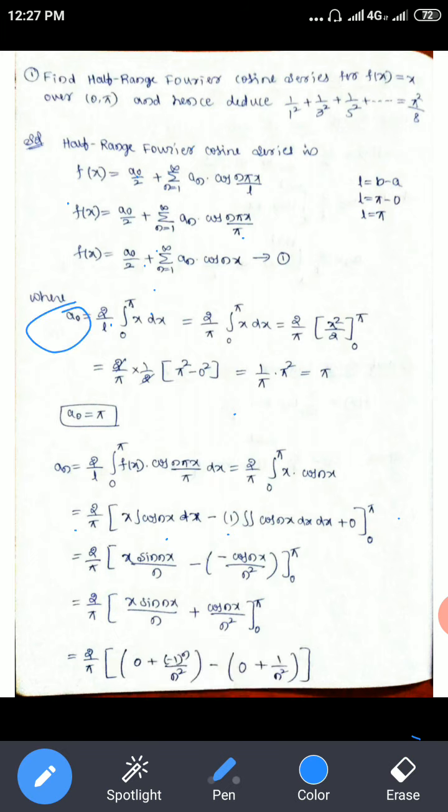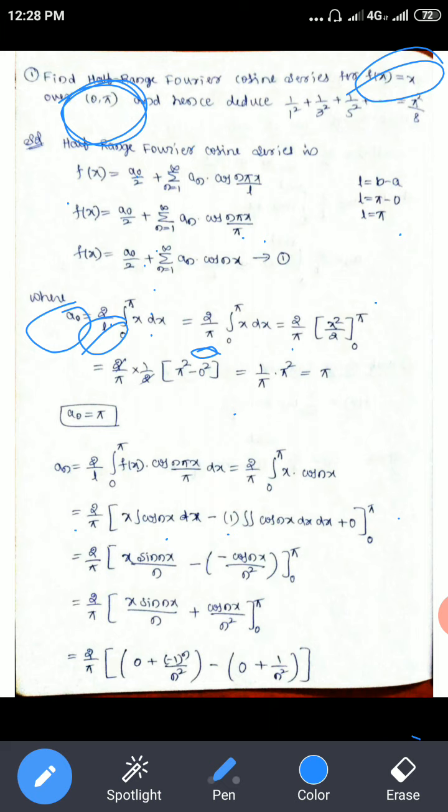a naught is equal to 2 by l, total interval is 0 to pi, integral 0 to pi f of x, f of x is x dx. 2 by l, l is nothing but pi. So 0 to pi x dx. Integration of x is x square by 2, from 0 to pi.